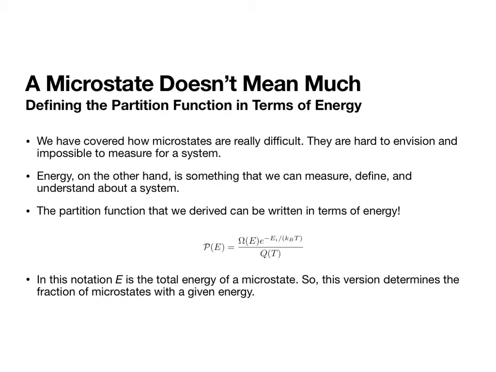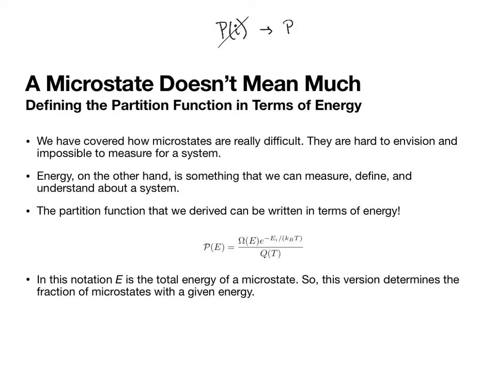Okay, so before we had defined our probability as P of i. We were thinking about what is the probability of a particular microstate existing. We've covered that microstates are hard, impossible even. And so we don't want P of i.